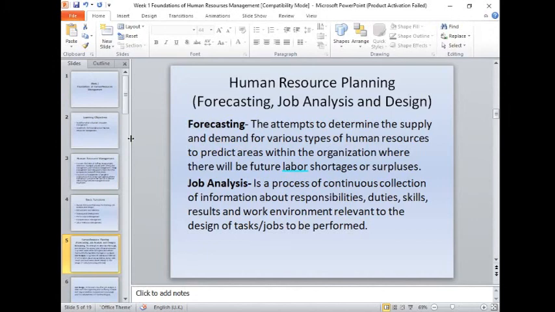So that's the job analysis. We analyze a particular job position, what tasks are to be performed, and put those duties and responsibilities together with the requirements or qualifications for a person who occupies the job position.